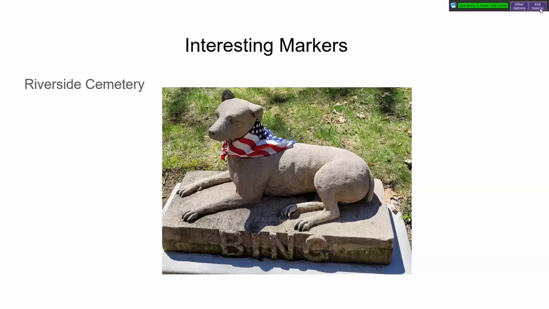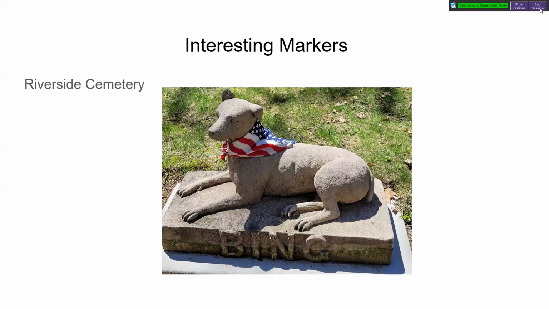Okay, we can go through just a few interesting markers. Okay, this is at Riverside Cemetery. Everybody here has seen this marker. The legend has it that when the owner died, his dog named Binc, it's a B-I-N-C, it looks like a G, but it's a C, kept coming to the grave day after day. They'd pick him up, they'd take him home, but he just kept coming to the grave.